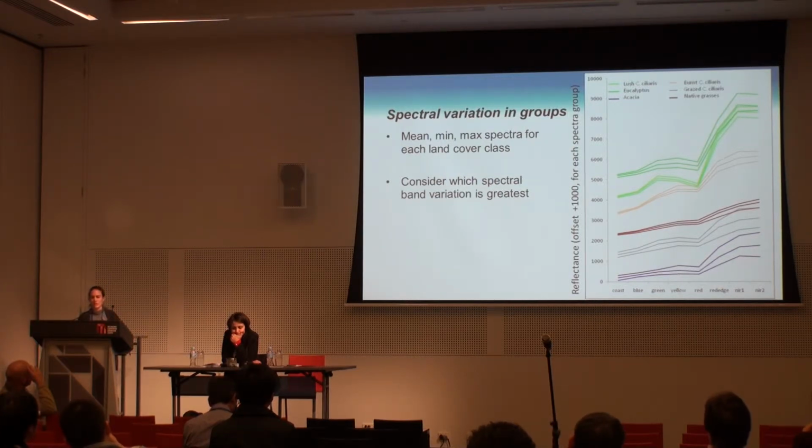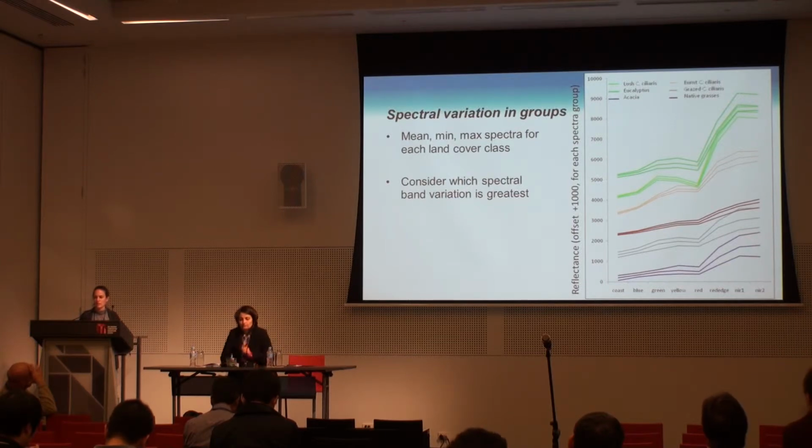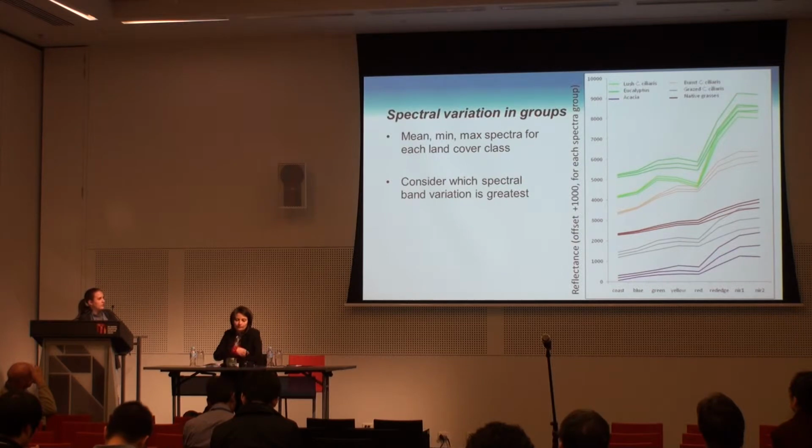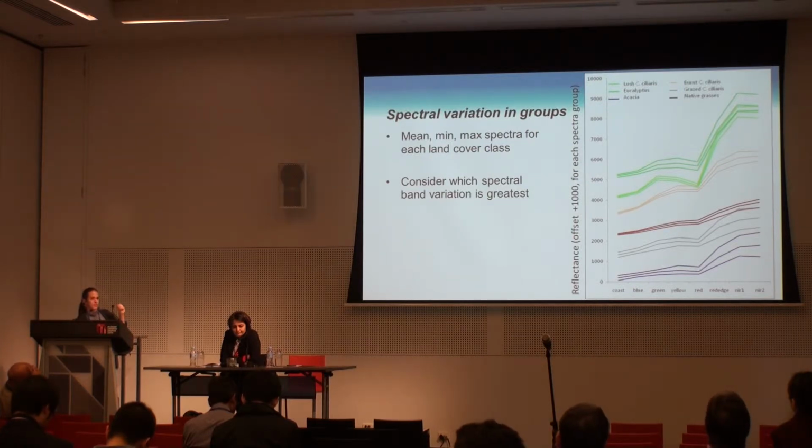Shown here, we've got the mean, minimum and maximum spectra for each of the vegetation cover class spectra. Each group is offset by 1,000, so we're not sitting on top of each other. And just take a look at where the variation is within those groups. So ideally you want them to all be fairly close together.